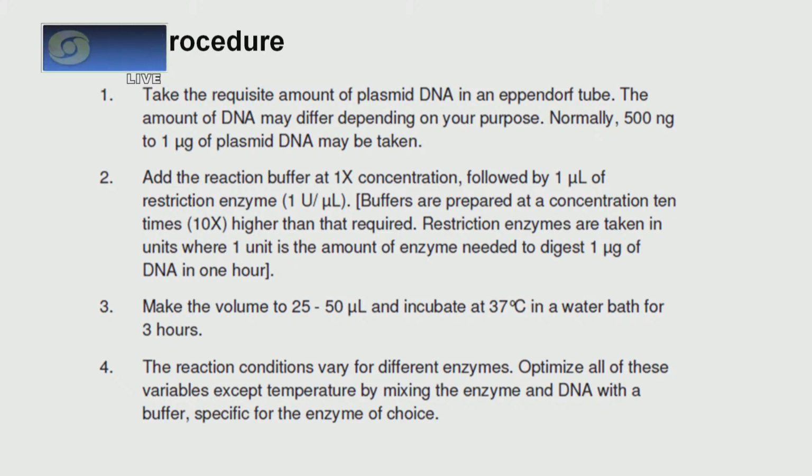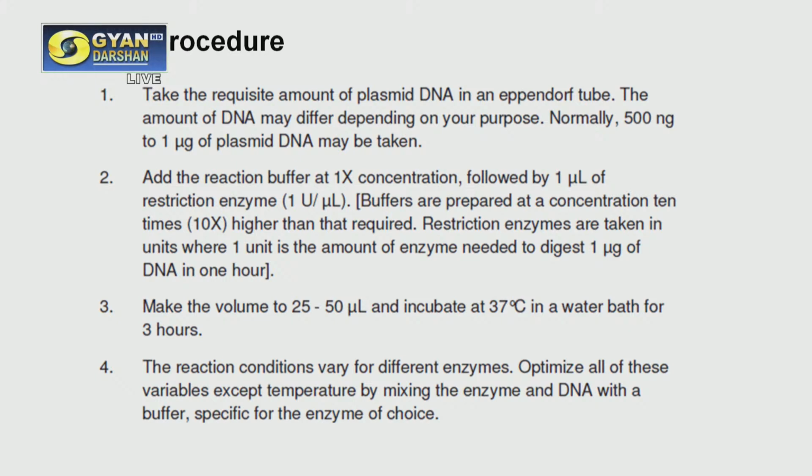So you have to take the requisite amount of plasmid DNA in an Eppendorf tube. Now the question that comes to mind is, how much DNA should we take? You have already learned how to quantify DNA, that is, spectrophotometrically. So normally 500 nanogram to 1 microgram of DNA may be taken. This is a range, and for different plasmids, we have to use different concentrations of the plasmid DNA.